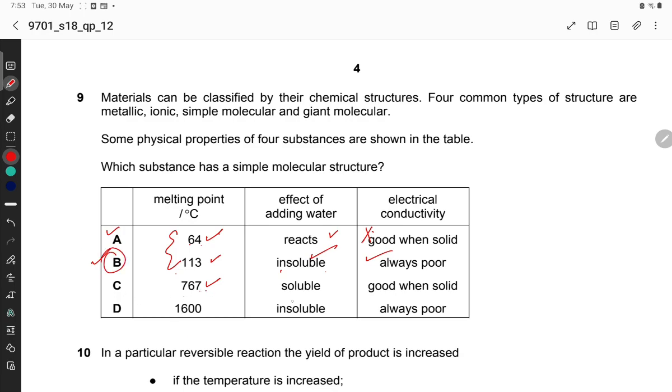For C, 767 is an ionic compound, because ionic compounds have a high melting point, are soluble (not always soluble), and good conductivity when solid, insoluble in water and always poor. So the substance with a simple molecular structure is B.